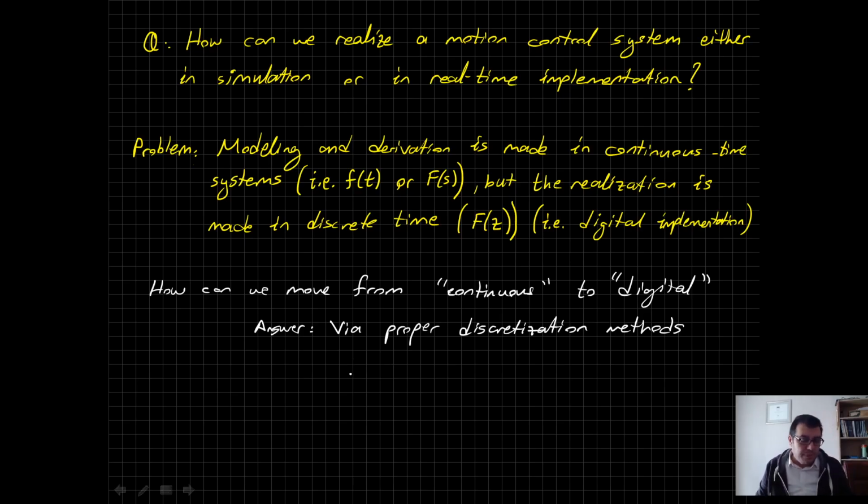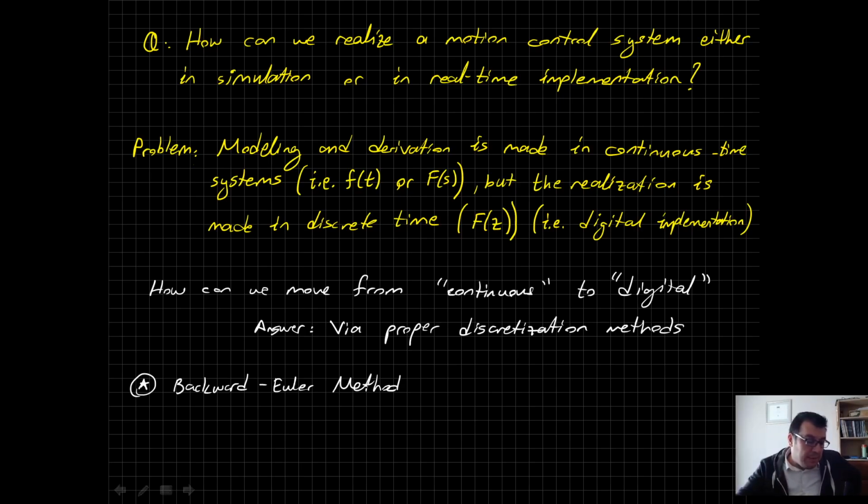I will cover here one very important method, that is the backward Euler method. Backward Euler is a commonly used discretization method in many different control systems and in many different applications of signal processing.